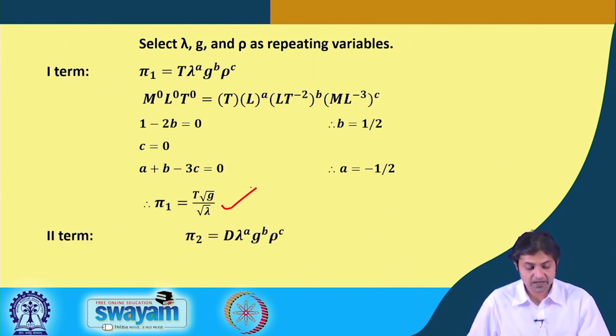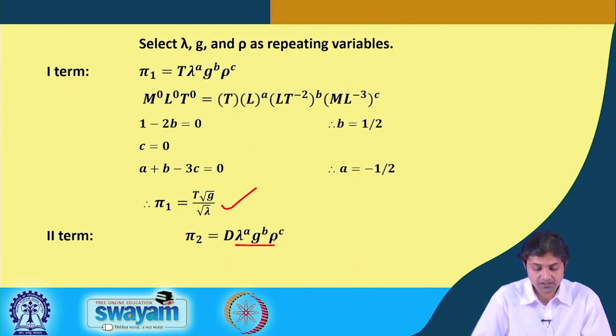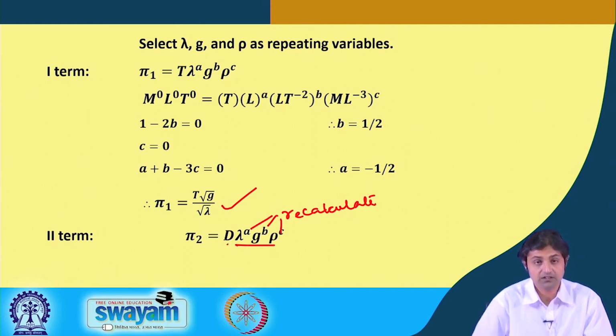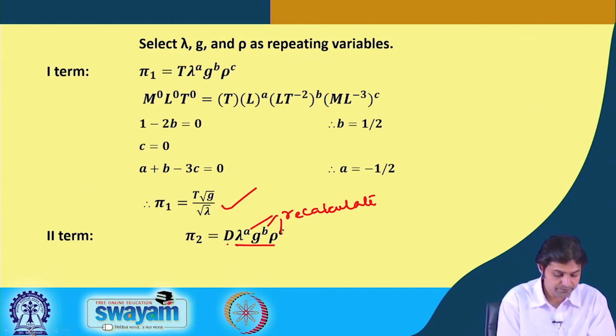Now, the second pi term is d times lambda to the power a, g to the power b and rho to the power c. So, these repeating terms are the same, of course, exponents we will recalculate, because this is not the same, and instead of t we have put d, all right.